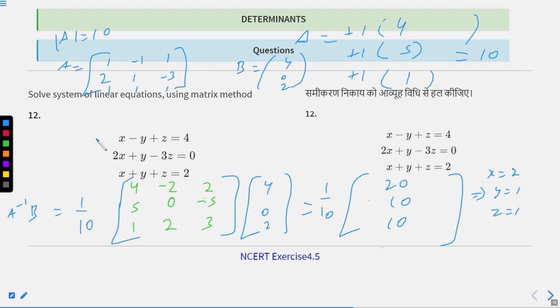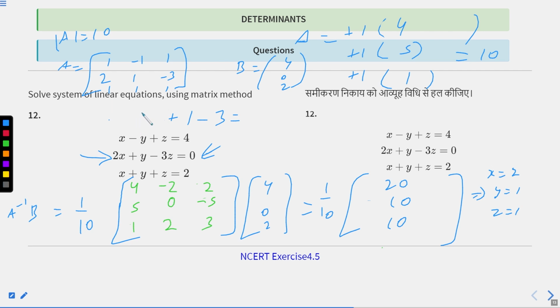Now put here. I will be satisfying only one equation. Your task is to satisfy every other equation if you need it. So I am going to satisfy the second one. So 2 times x plus y minus 3z must be 0.